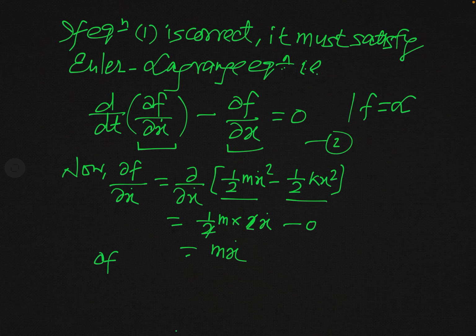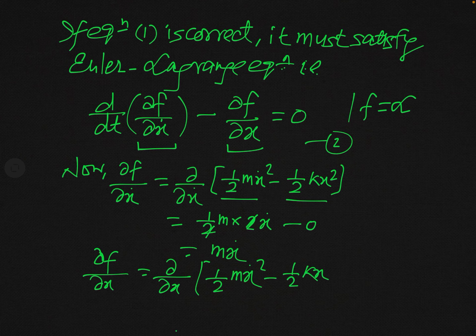Now again we will find del f by del x. What is del f by del x? Again f is half m x dot square minus half k x square. When you operate del x on the first term, the derivative will be 0 because the first term is not a function of x.